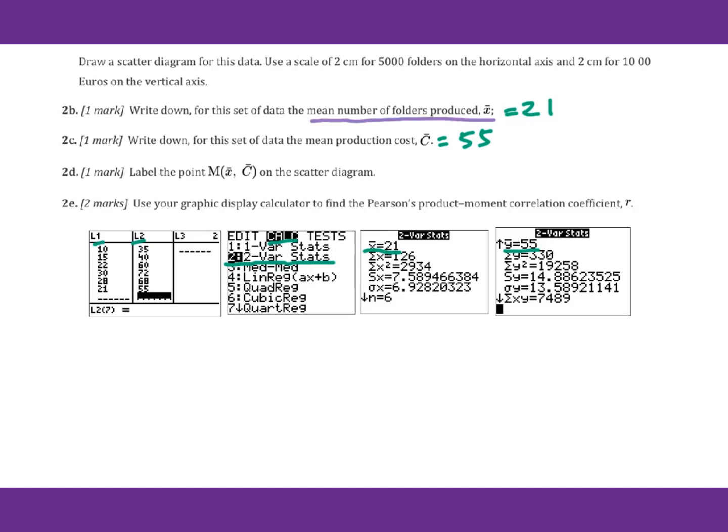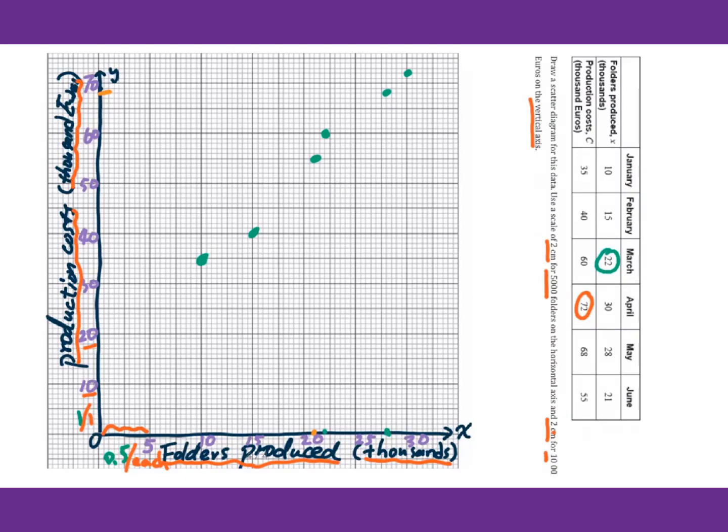For 2D, label the point X bar, C bar on the scatter diagram. That's 21, 55. It's here. We label as M, X bar, C bar.